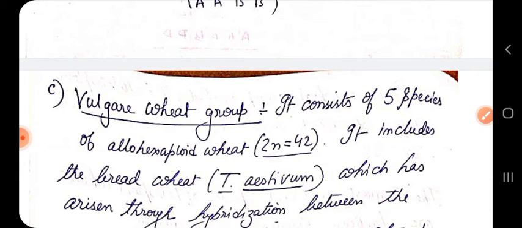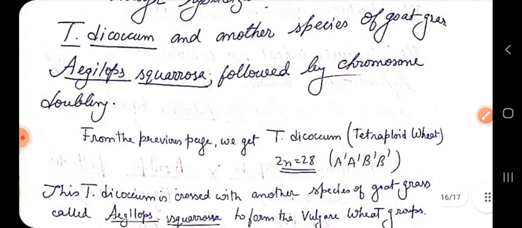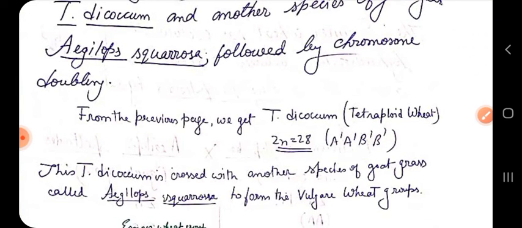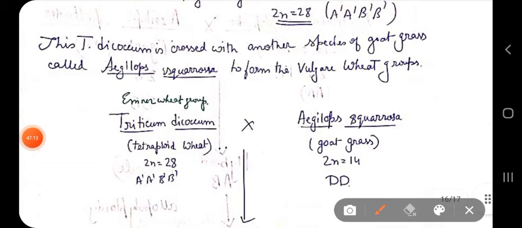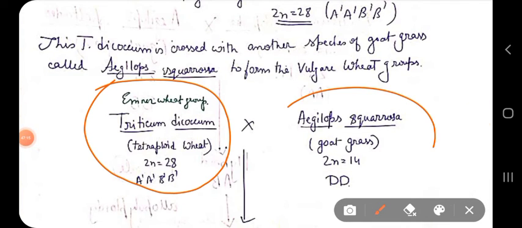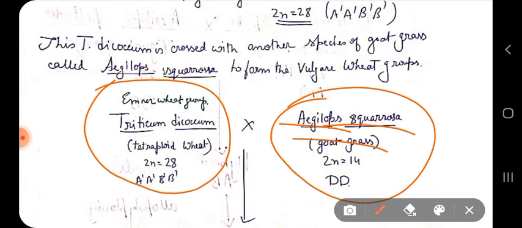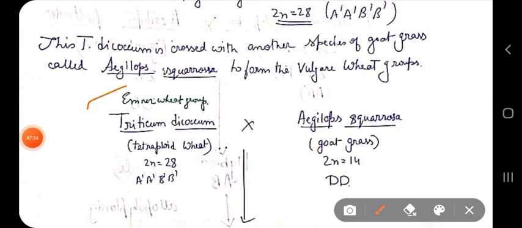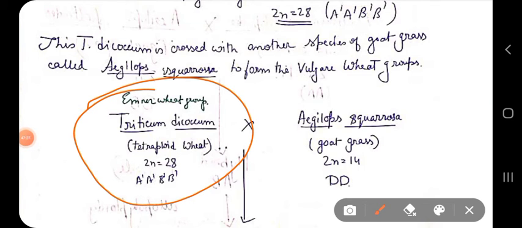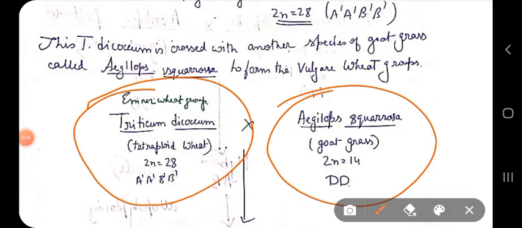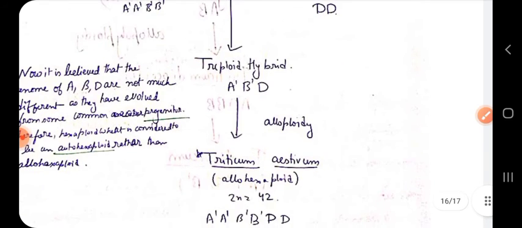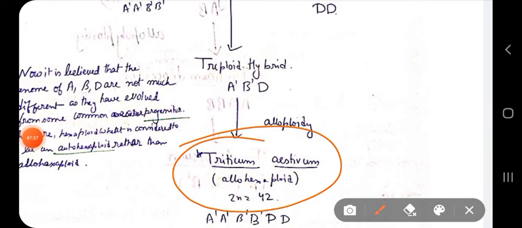Here we simply cross the Emmer wheat group, from the previous page Triticum dicoccum, with another goat grass called Aegilops squarrosa, the common goat grass, to get an allohexaploid, which is Triticum aestivum, the common bread wheat that we consume as flour.